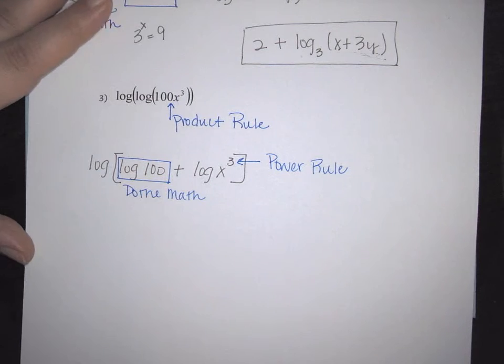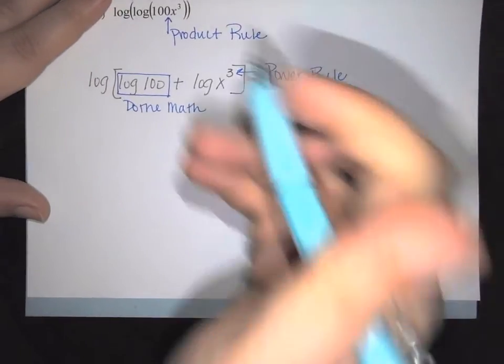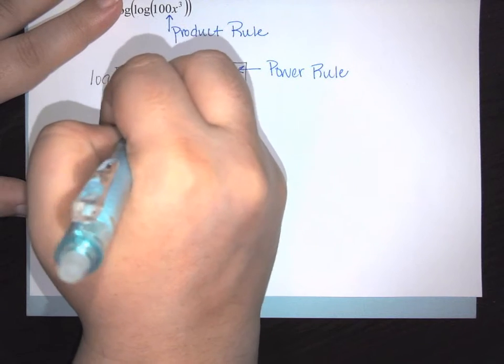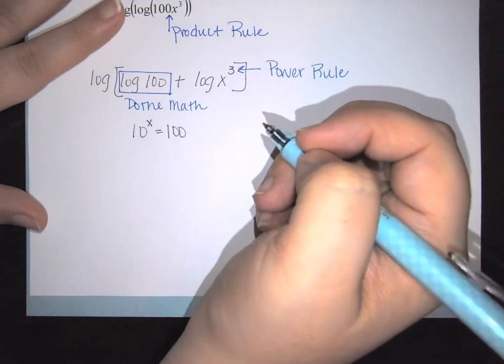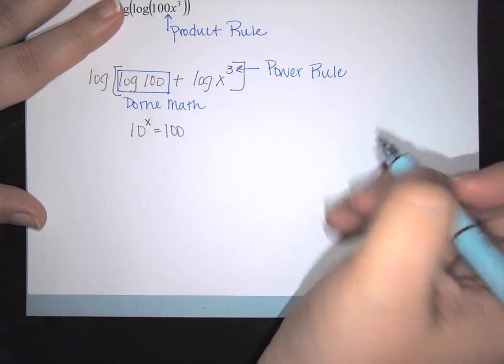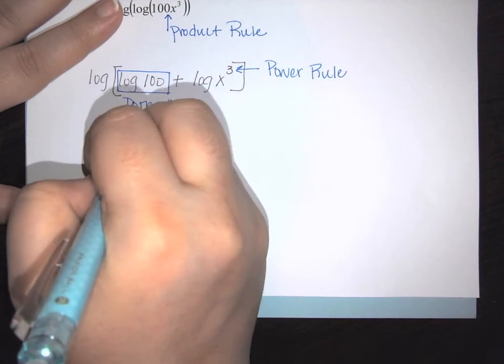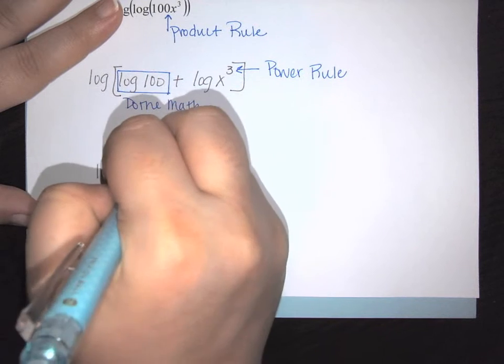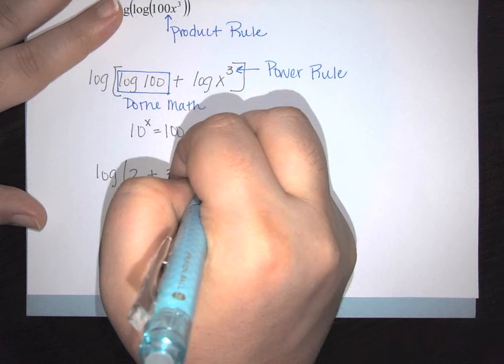The other thing to keep in mind is that I don't have any base written, therefore it's a common log. So 10 to the x gives me 100, and in this case we know that's going to be 2. And then I have my power rule. So this becomes the log of 2 plus 3 log of x.